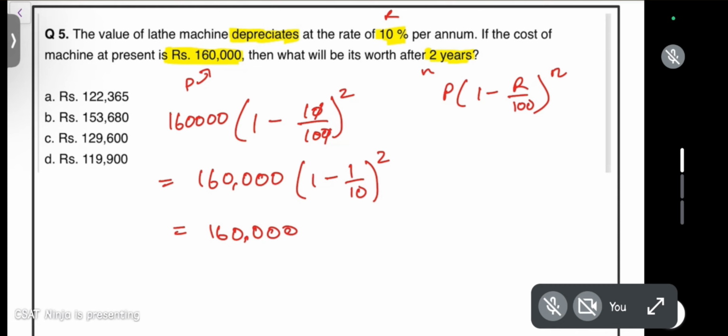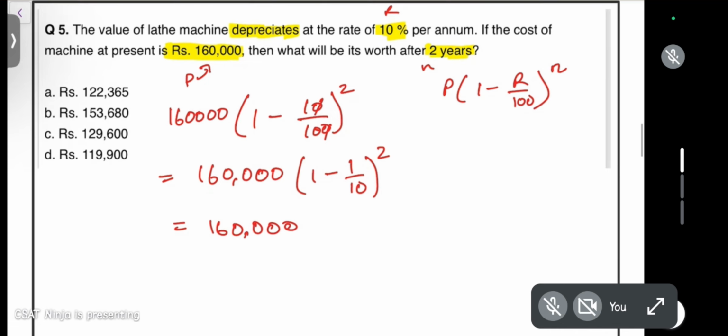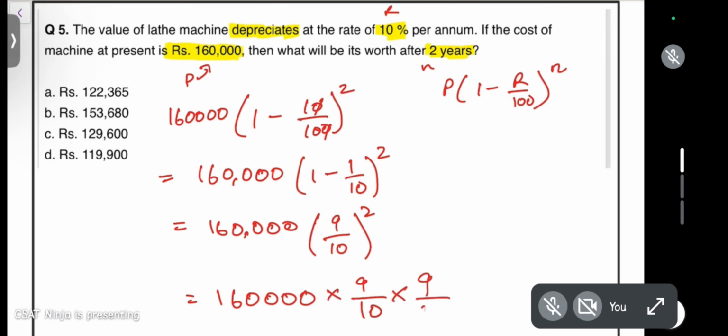10 into 1 minus 1, which is 9 divided by 10 to the power 2. So which means I'll have 16 into 9 divided by 10 into 9 divided by 10. The 0s will get cancelled. So I'm getting 9 9s are 81.